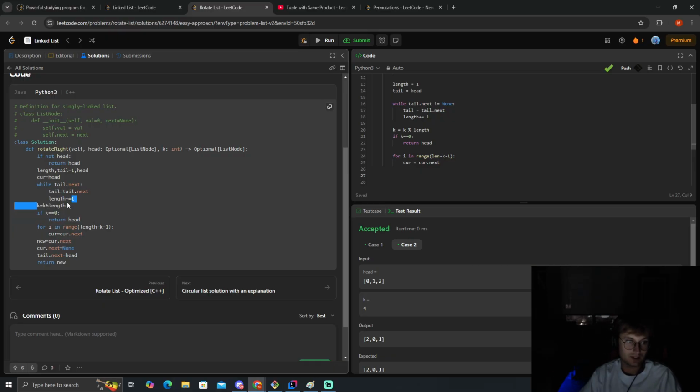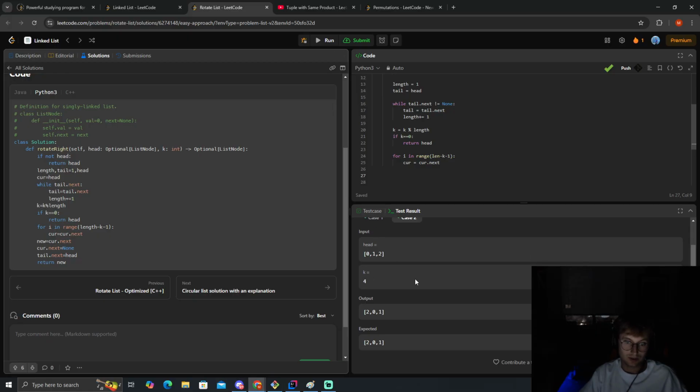But if k is greater than the length, technically it's just going to return the remainder. So if it's 7 over 5, it's going to return 2, because technically we only have to rotate 2. We don't really have to do this 2 times. I think that's where it's messing this up. The optimization was unnecessary.